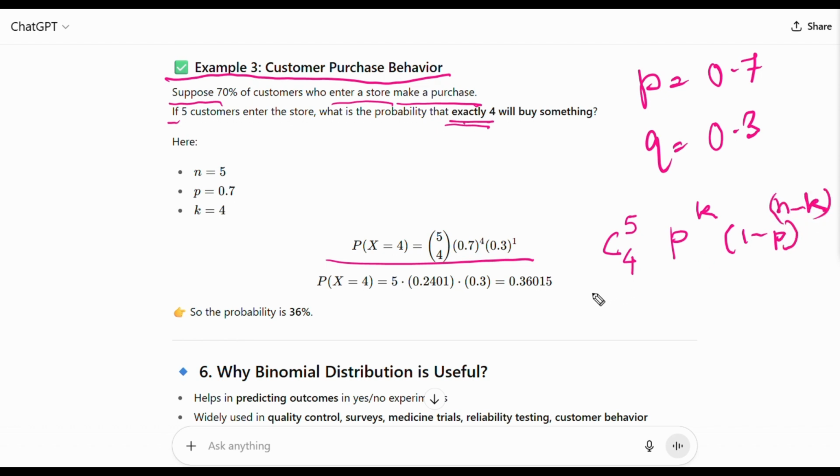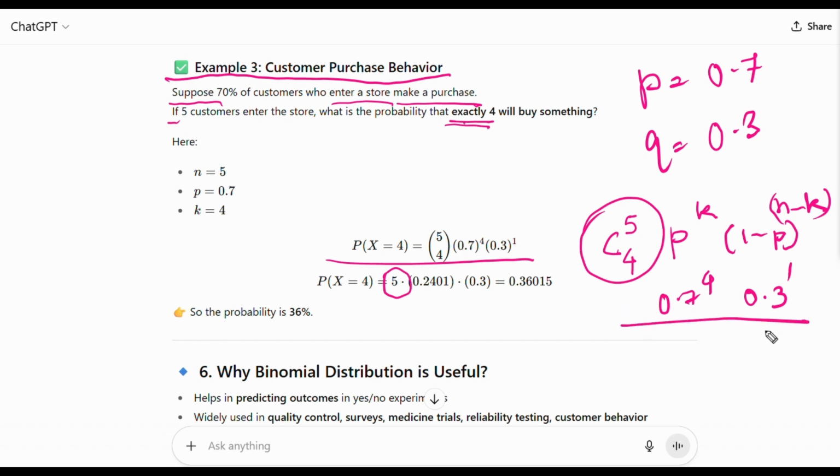So this will be 5 if you calculate from the factorials, and p is equal to 0.7 to the power 4 and 0.3 to the power 1. If you calculate it, you can get the value. This is 0.36. So there is a 36% chance that exactly 4 people will buy something.